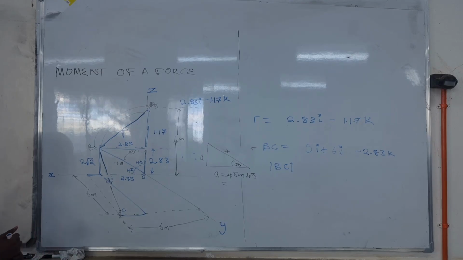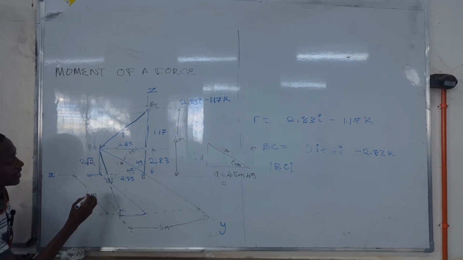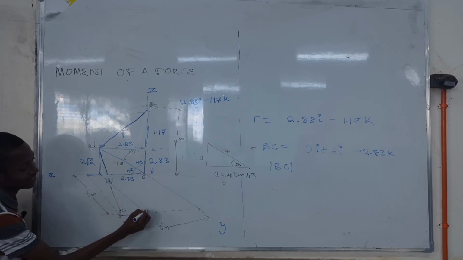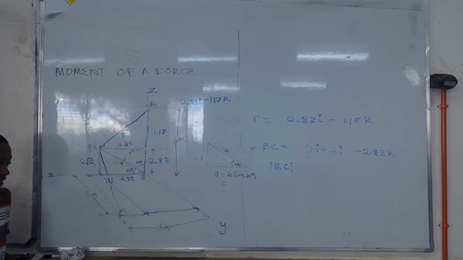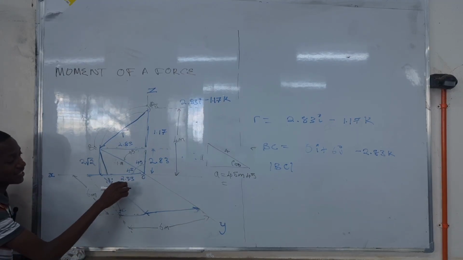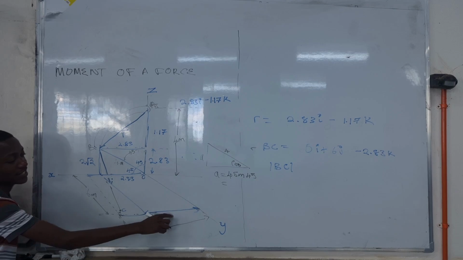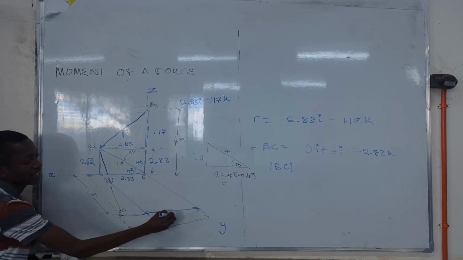So, yes, okay, so this triangle, the distance here is also the distance here. Yes. So this distance here is 2.83. Even the distance here is 2.83.